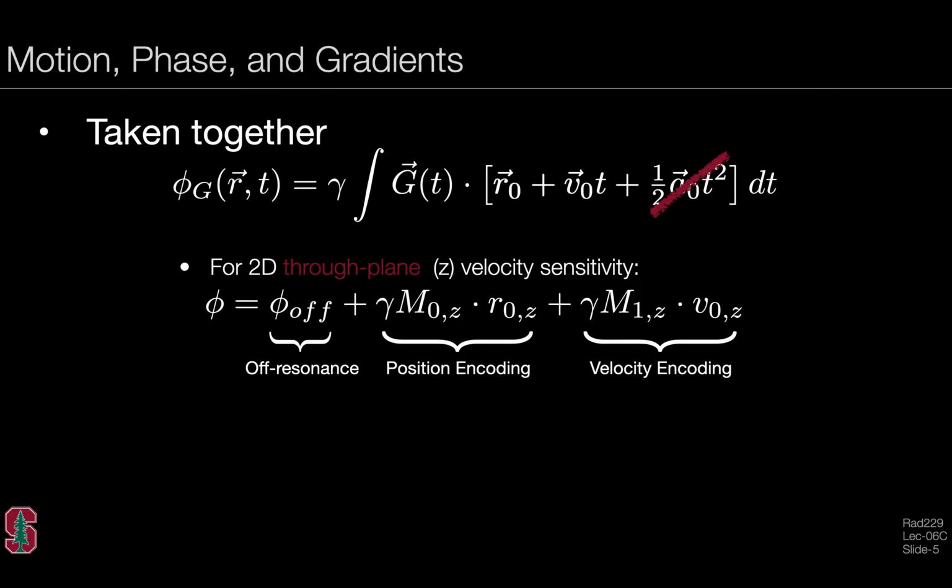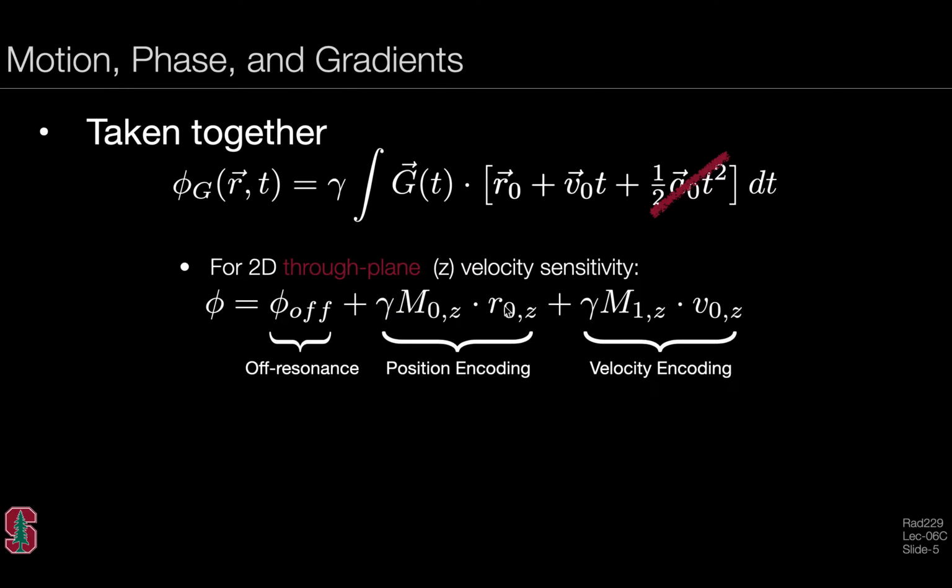And so for a 1D example of the above equation, when we combine the off-resonance phase, we can, for example, evaluate the phase for so-called through-plane velocity sensitivity, wherein we see that the phase that we measure in our complex valued MR signal is the superposition of an off-resonance phase that comes from susceptibility and field inhomogeneity.